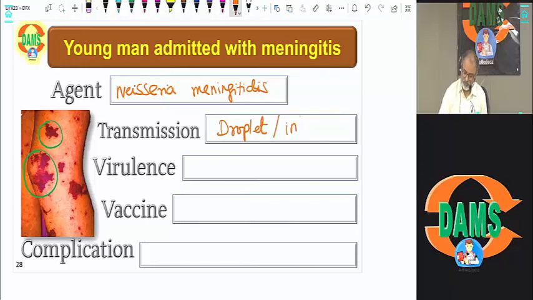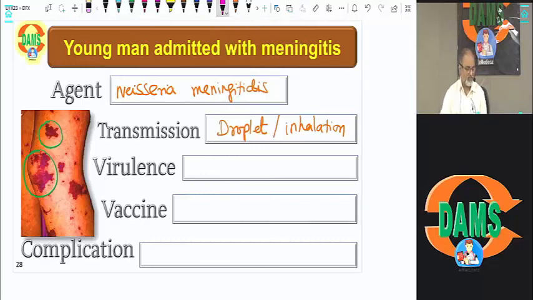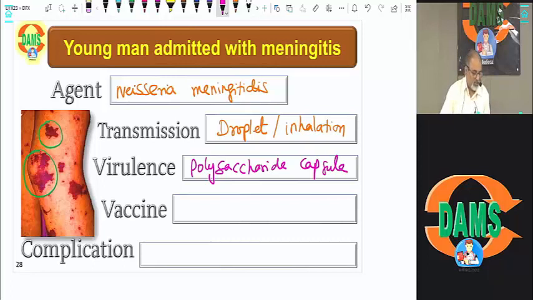It is droplet, by inhalation. What is the important virulence factor of this one? Polysaccharide capsule.